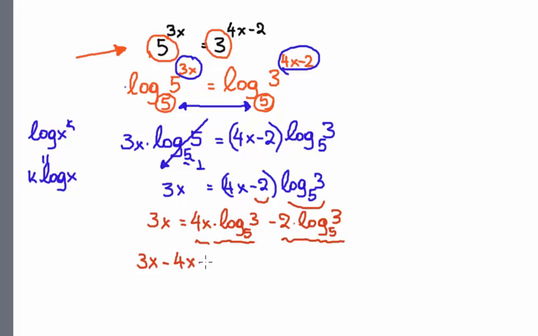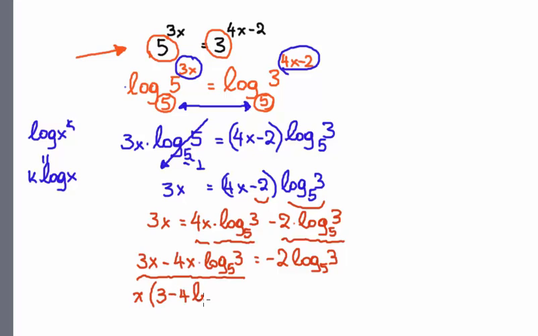So I push all the variable terms on the left side of my equation, and I keep the constant terms on the right side of the equation. Now, on this side, I have both variable terms. I can factor out the x, and inside my parentheses, I have 3 minus 4 log with base 5 of 3. This is equal to -2 log with base 5 of 3.